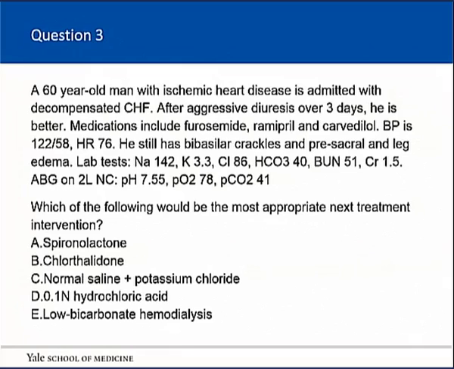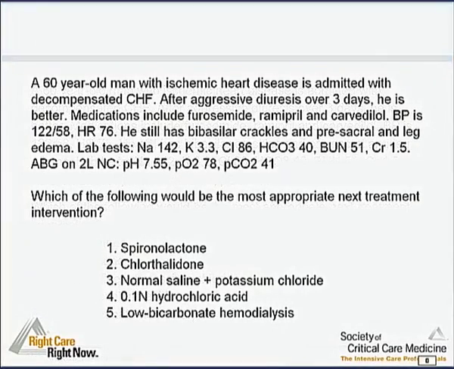So for metabolic alkalosis, let's do this question. A 60-year-old man with ischemic heart disease is admitted with decompensated CHF. After aggressive diuresis over 3 days, he's better. Medications include furosemide, ramipril, and carvedilol. Blood pressure is 122/58, heart rate 76.